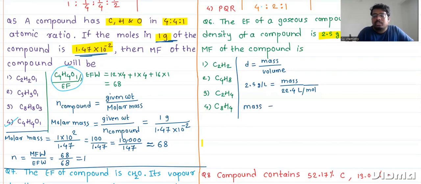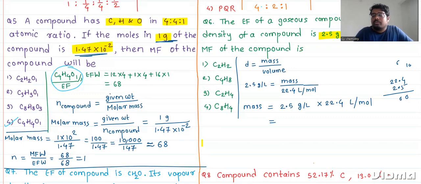So mass is equal to 2.5 gram per liter multiplied by 22.4 liter per mole, which is equal to 22.4 into 2.5, which comes to 56 gram per mole.